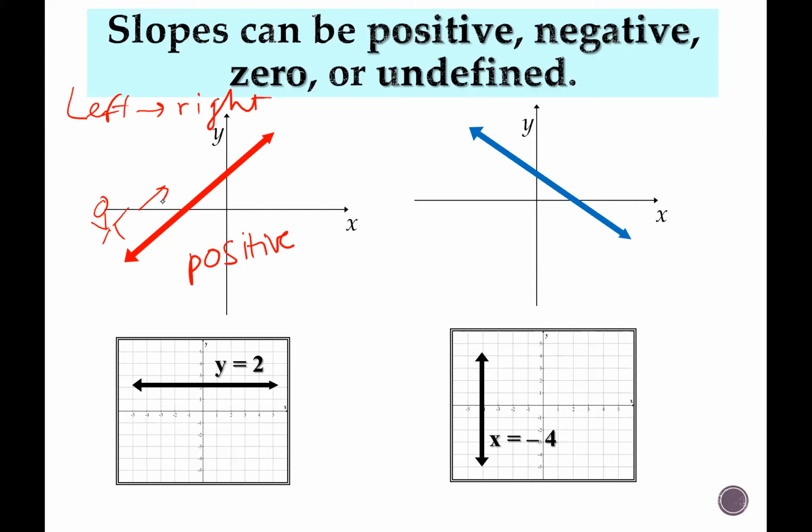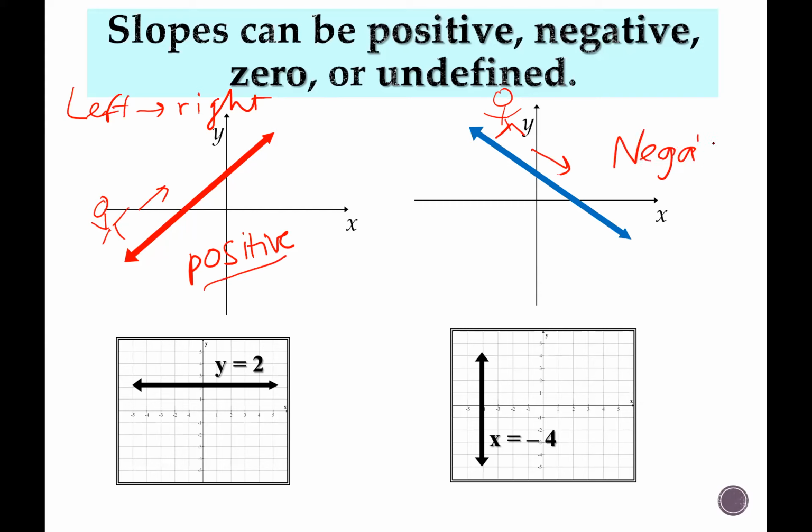Going up from left to right. This blue line is going down from left to right. My stick figures need a little work here, that's okay. Which way is Mr. Stick Figure going? Down. So reading from left to right, if you're going up, that's a positive slope. If you're going down, that's negative slope.